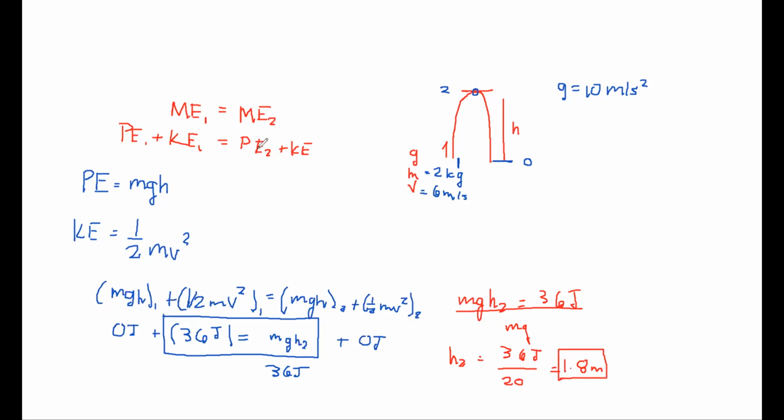I mean, the shortcut is knowing that at 0 height, potential energy equals 0. At maximum height, kinetic energy equals 0. So you can ultimately just say that kinetic energy initial is equal to potential energy final. And then you'd immediately have 36 equals mgh2. And you'd skip all this middle step. I'm just showing you where it comes from.